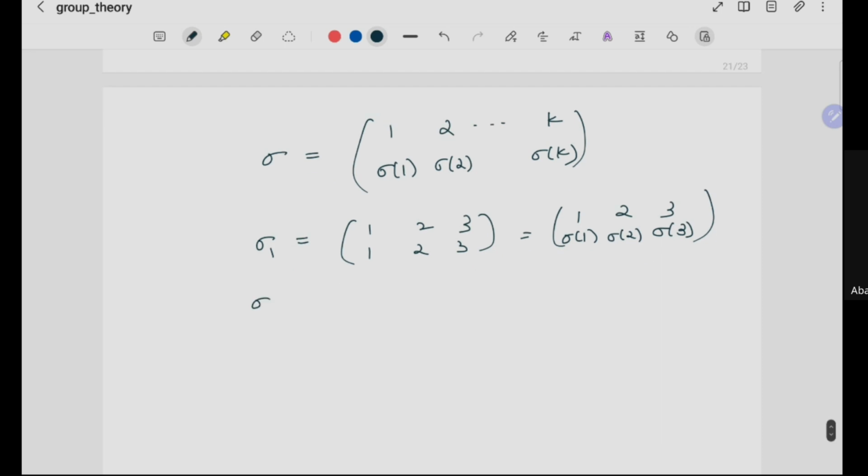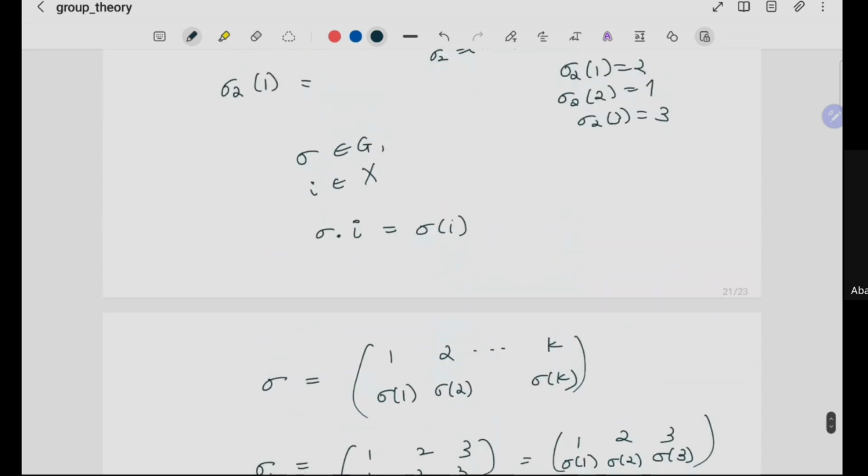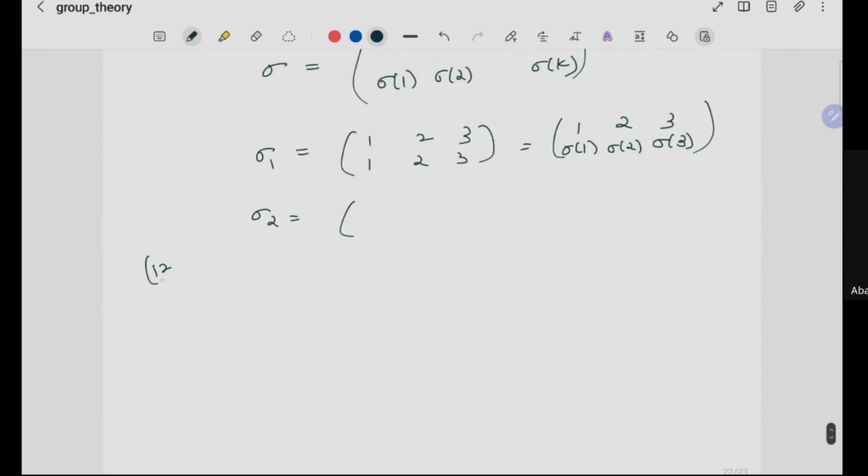Sigma 2 was what? It was the cycle 1, 2, 3 going to 2, 1, 3. So this is sigma 2 of 1, sigma 2 of 2, sigma 2 of 3.